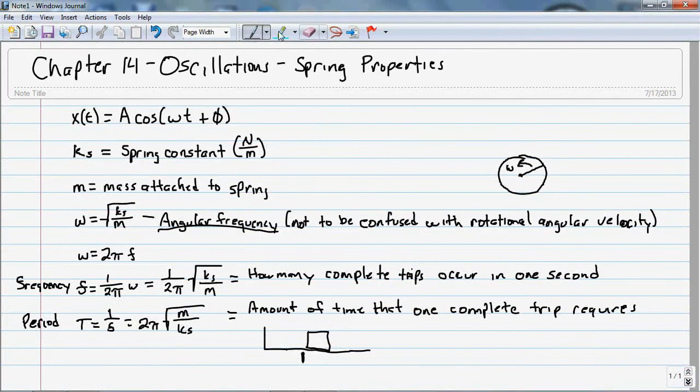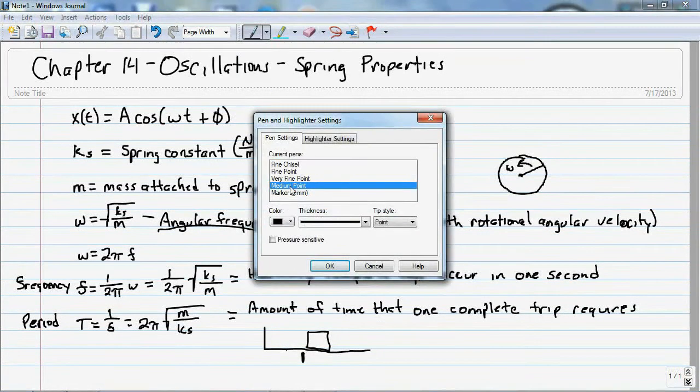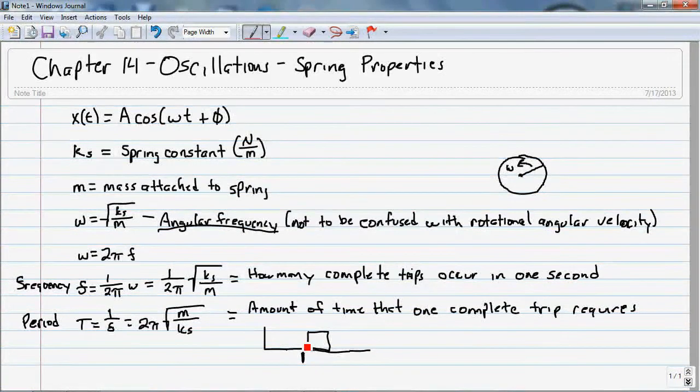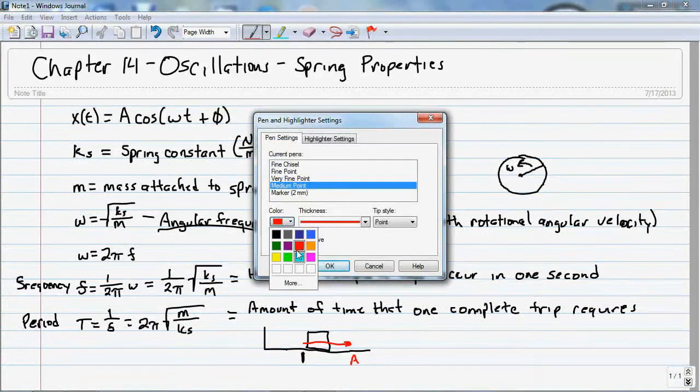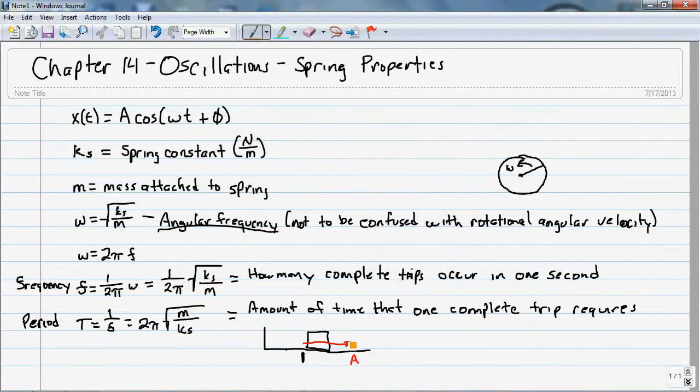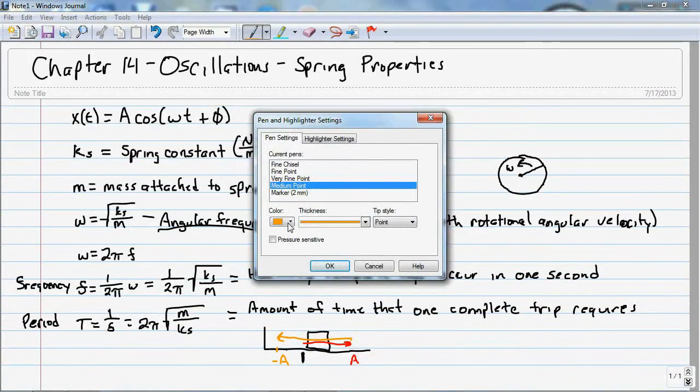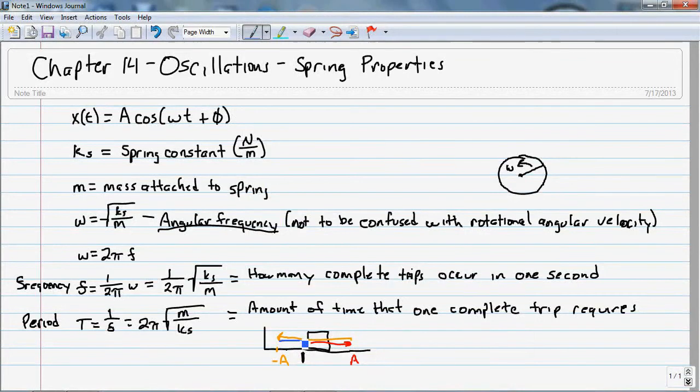So a complete trip would be the mass moving from this point out to its amplitude, then returning all the way over to the other amplitude, so we'll call it negative A, and then returning to the same spot that it started out from.